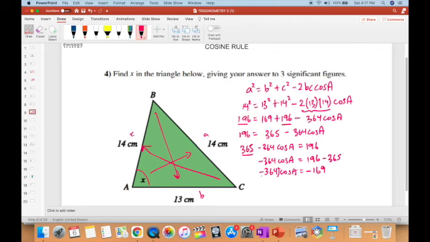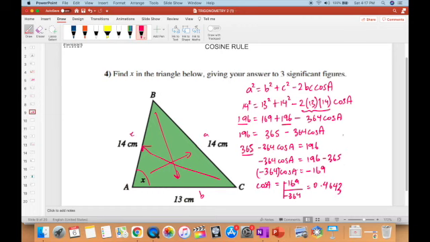Now I could take this and move it across. So I'll have cos of A is equal to negative 169 divided by negative 364. The negatives will cancel here, so this will end up being 169 divided by 364, which is equal to 0.4643.